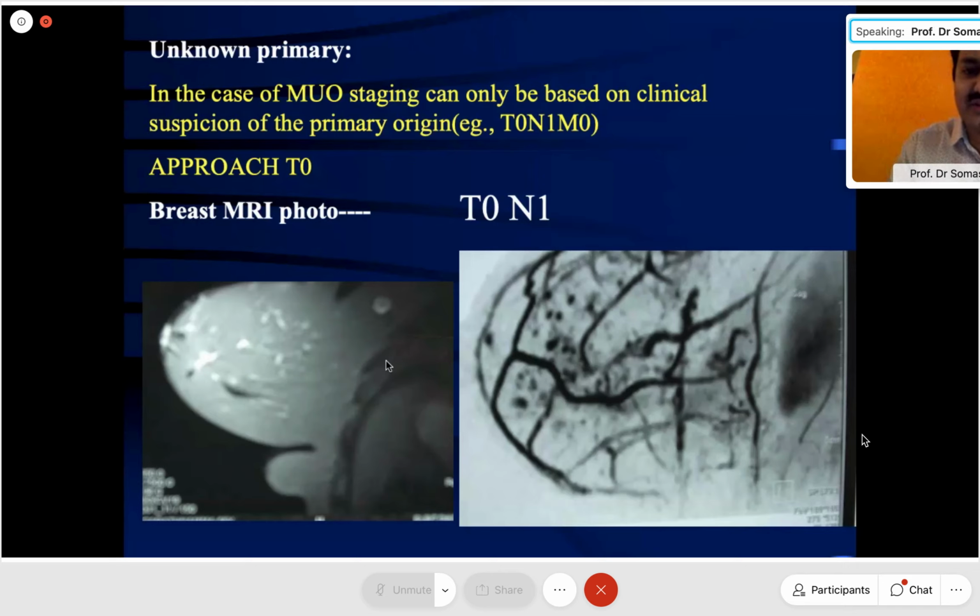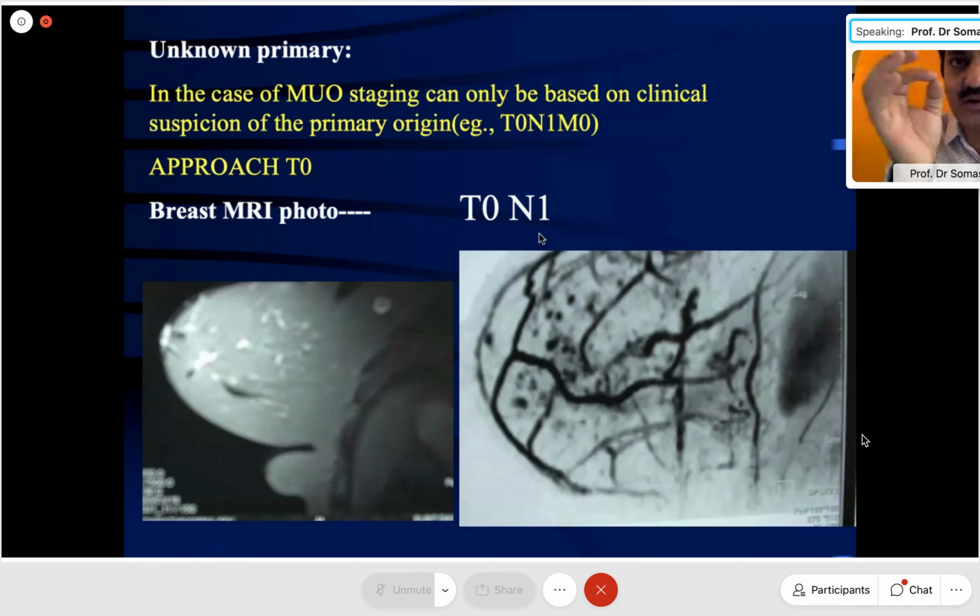In spite of MRI, clinical examination, mammogram, ultrasound, you can't identify, but the core biopsy is ductal carcinoma, receptor positive, then you stage it as T0N1 and the PET CT is negative.